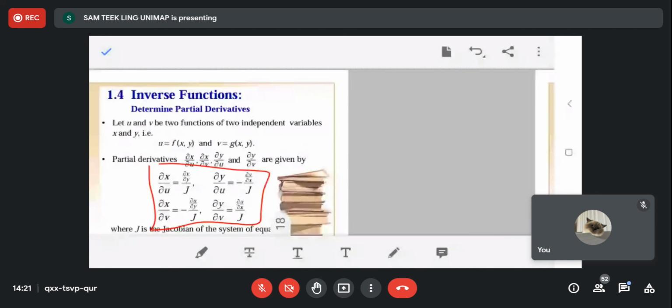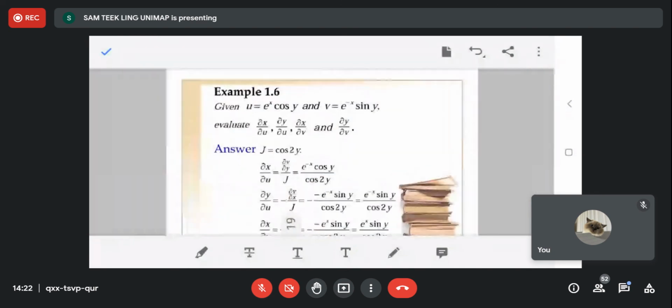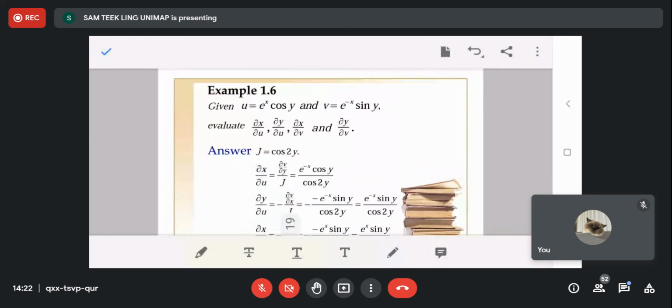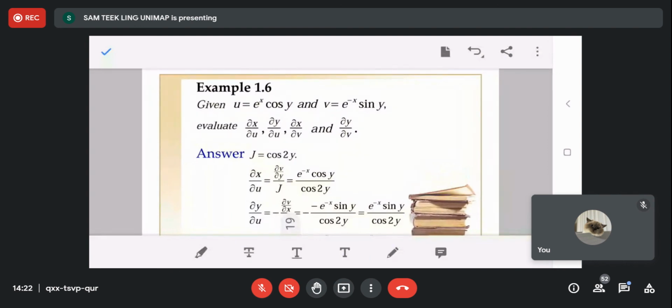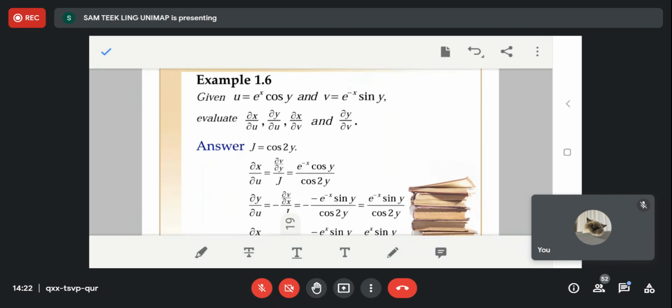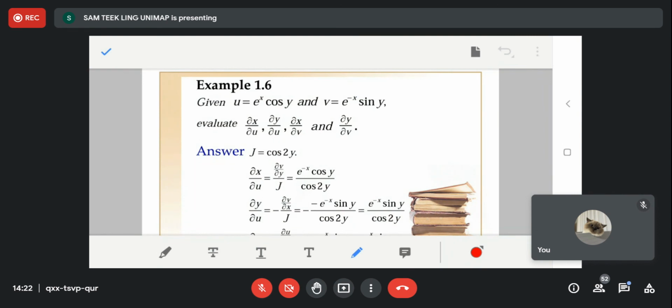Then next, when given u and v, then question 1 is to find del x del u, del y del u, del x del v, del y del v.